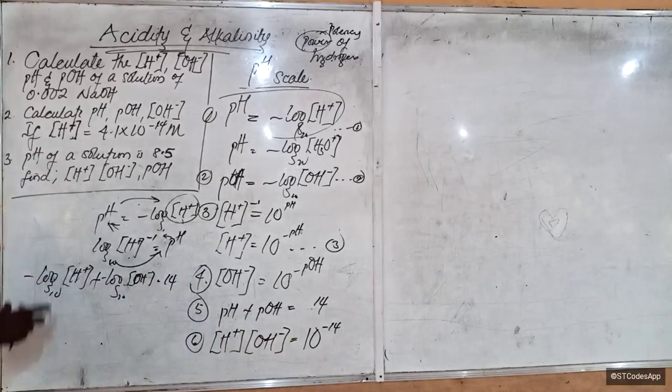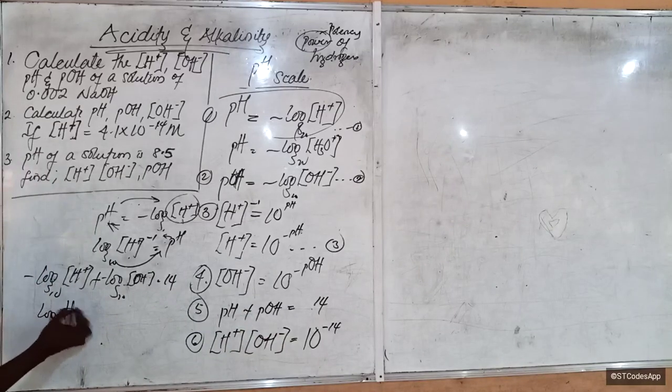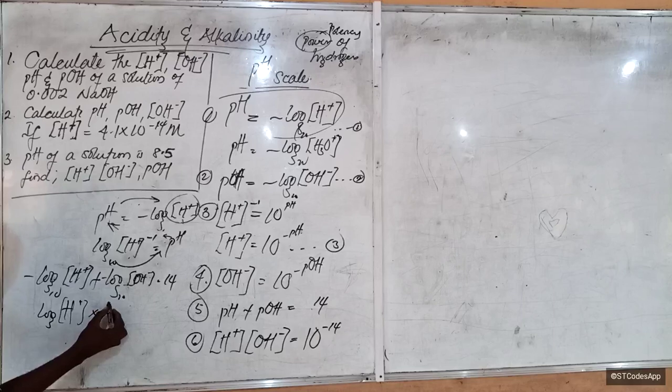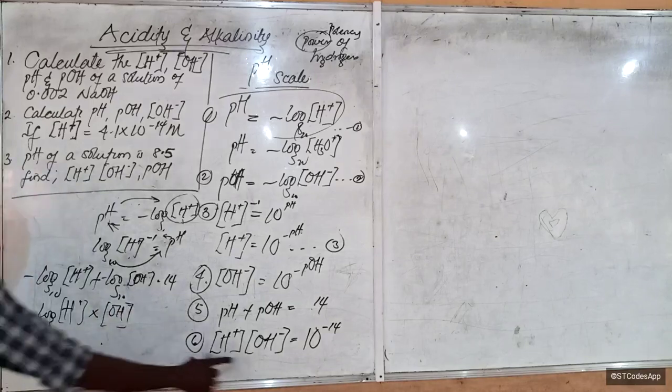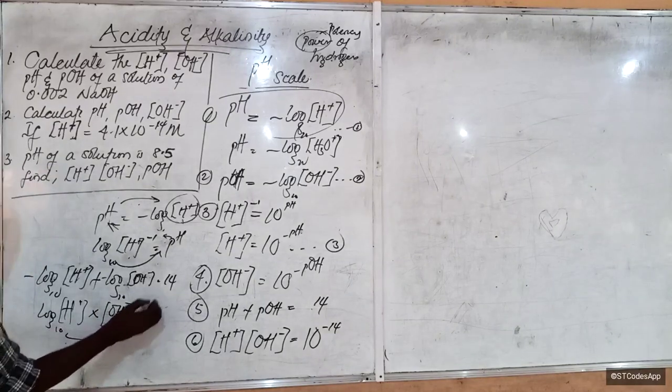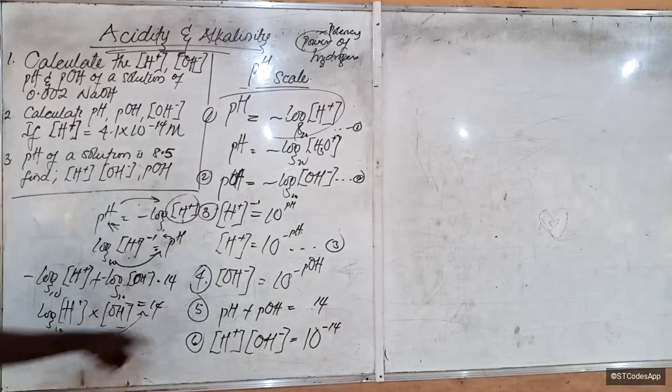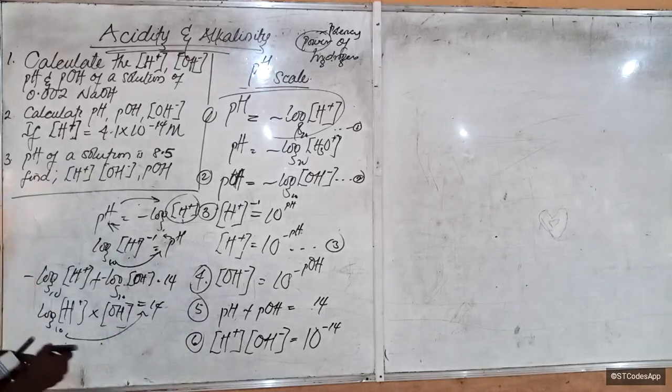So what do we have? Then it means that we have log of H plus times OH minus. Is that okay? So that was how we came about this. Then 10 will kick 14 up, and then we'll have that. Is that okay? All right.